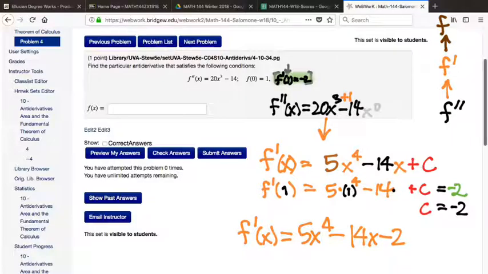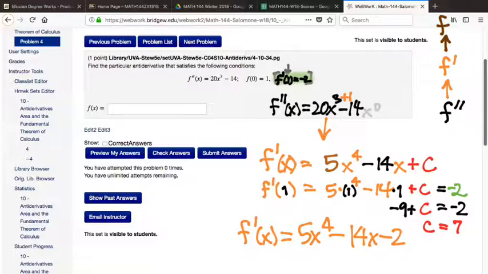And then instead of just plain c on the left-hand side of this equation, I would have 5 times 1 to the fourth minus 14 times 1, that's -9, plus c equals -2. And then I would have an equation to solve for c just by adding 9 to both sides. There I'd get c equals 7.